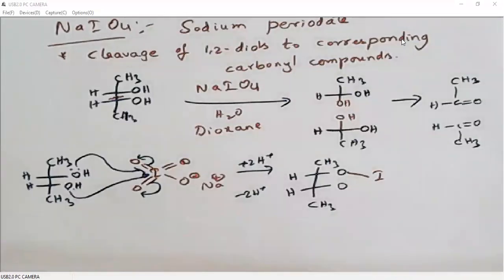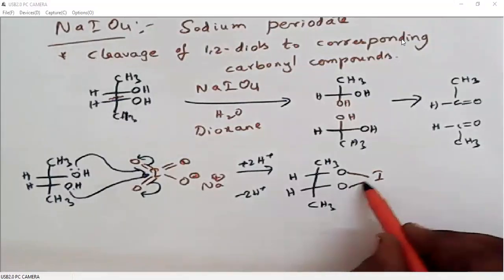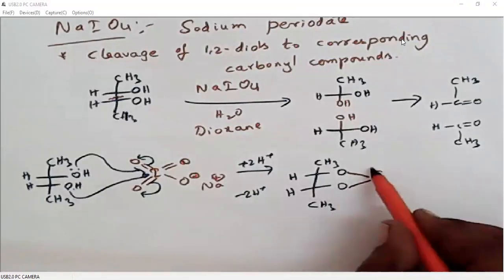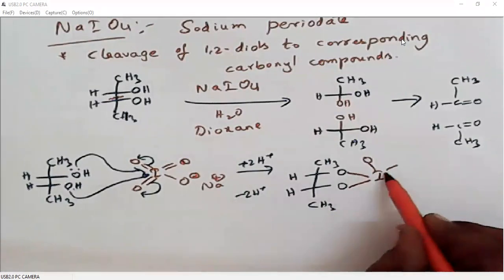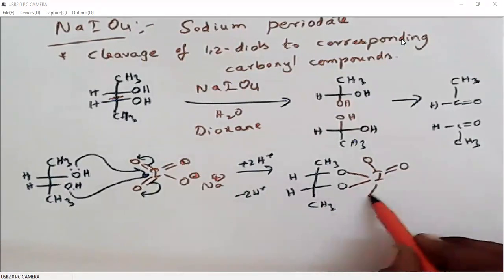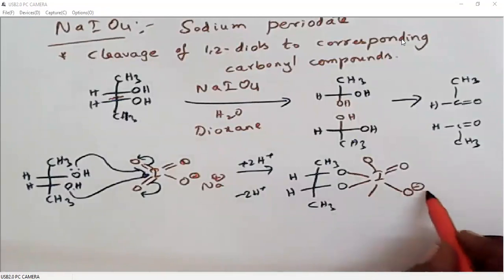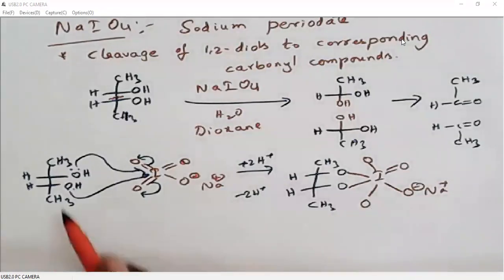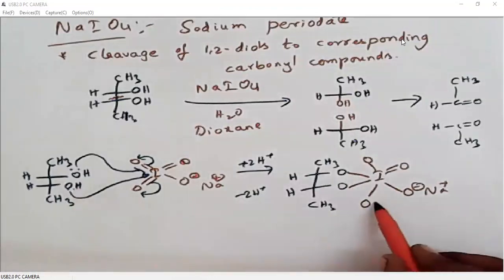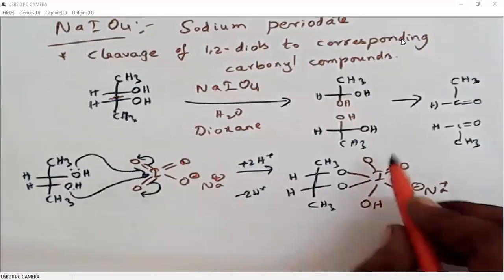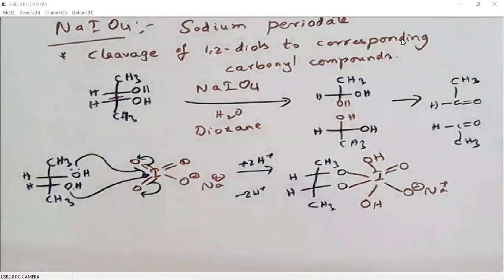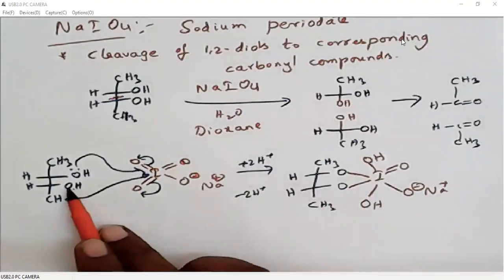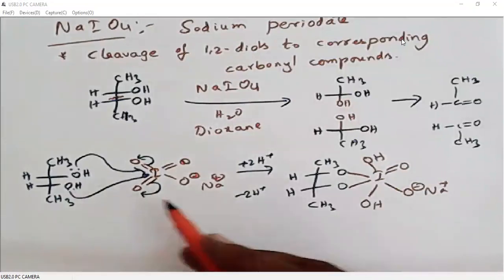It will form a bond with this, and this will form a bond with this, and this O minus is already there, Na plus. We will take out this proton and add it here. So the first step is addition of alcohol onto the iodinium iodine.